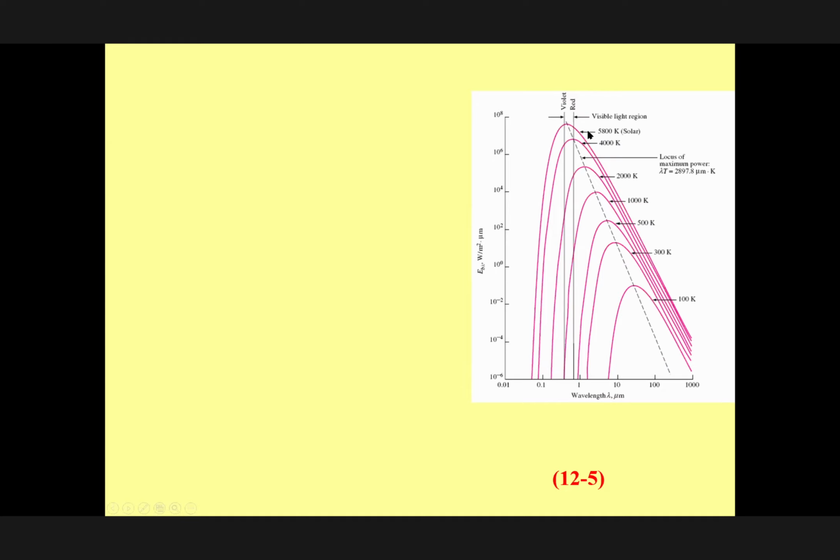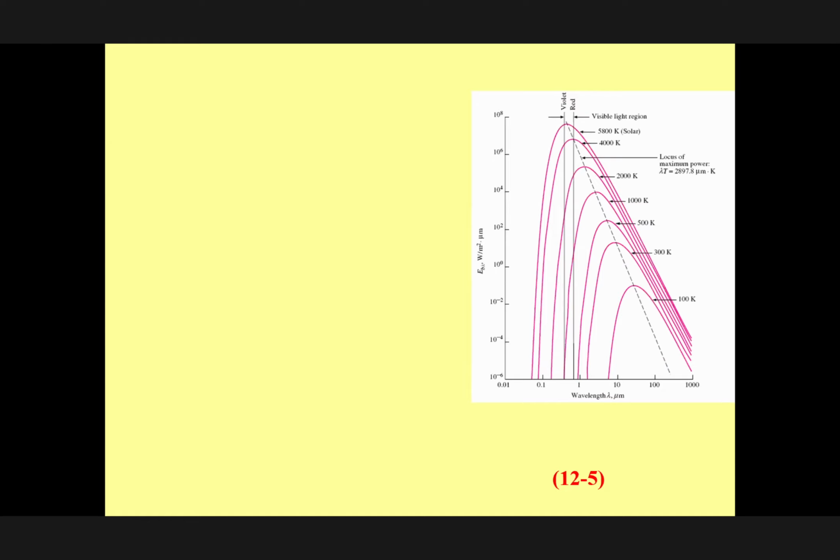This is a source. The actual temperature of the sun is higher, but this is the amount of energy we receive. We can say this is a source equivalent to that much radiation coming in. And if I integrate this curve from this part all the way to this wavelength, I can calculate the total energy from it.